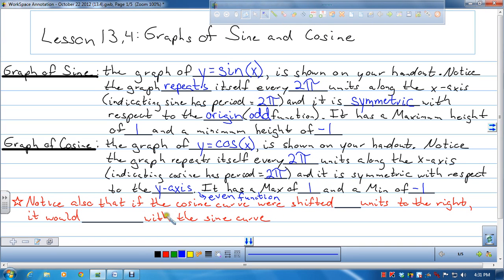So that's important. Notice if that were shifted pi over 2 units, either to the right or the left, it would coincide with that sine curve.